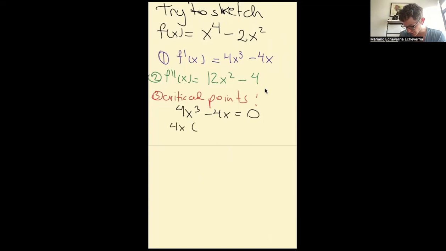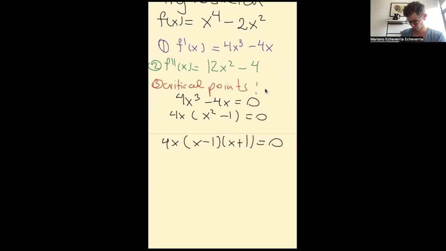When you factorize a 4x, you get x squared minus 1, right? Is that making sense? So the critical points are actually 3, which are x equals 0, x equals 1, or x equals -1.